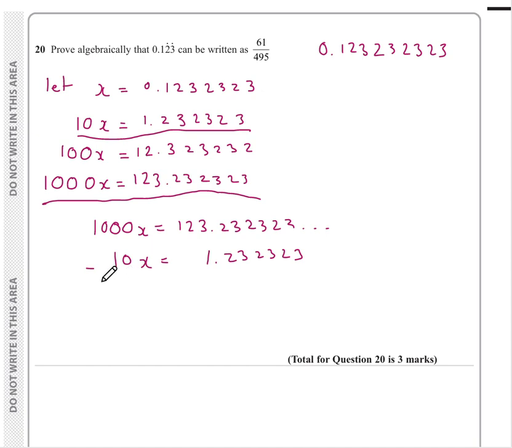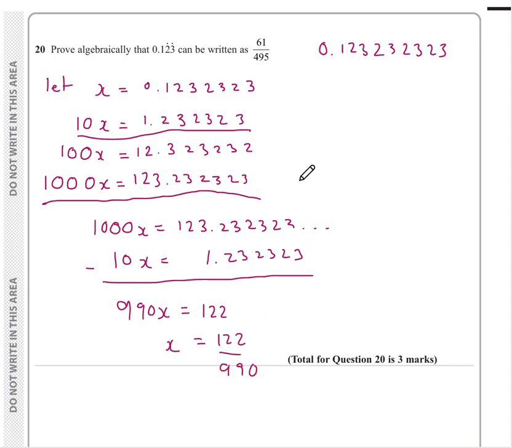If I subtract these, on my left hand side I'm going to get 990x, and on the right hand side I'm going to get 122. If I rearrange that, I'm going to get x is 122 over 990.